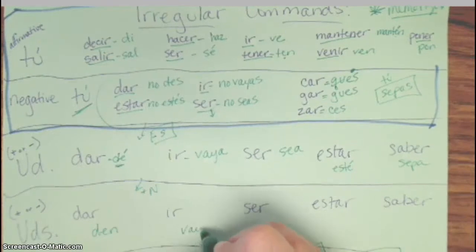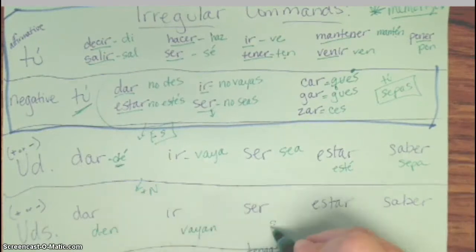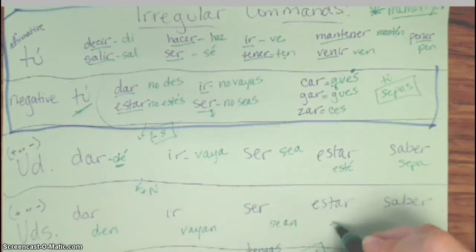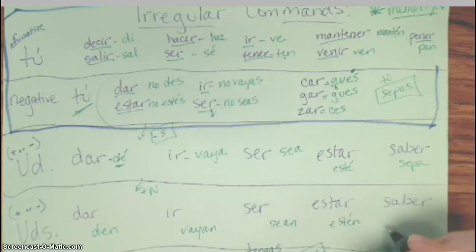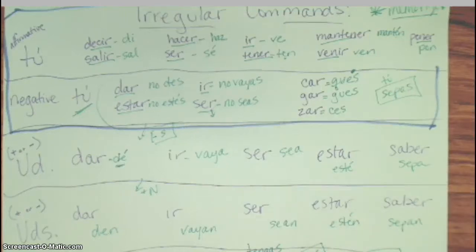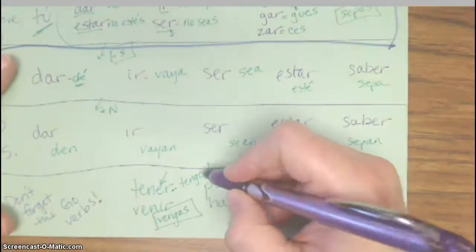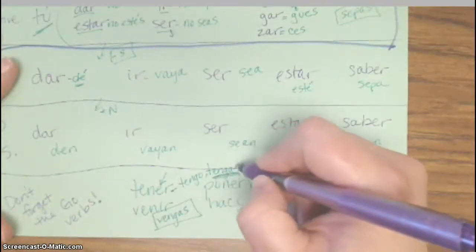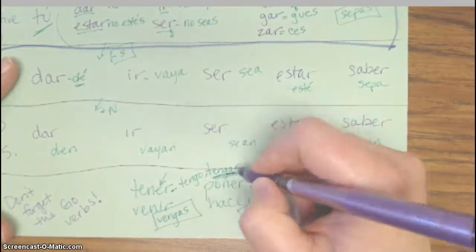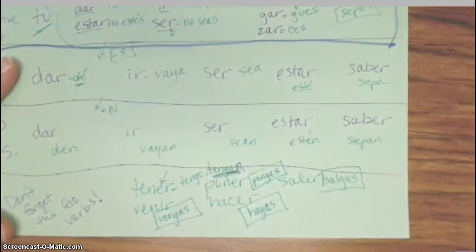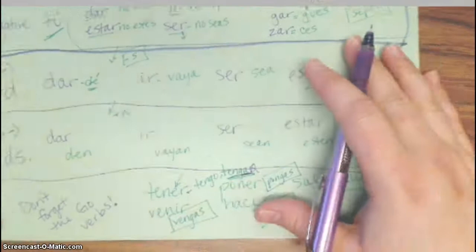Ir, vayan. Ser, sean. Estar, estén. And saber, sepan. And then again, just to review on those go verbs, tengas would become tenga for the usted form and tengan for the ustedes form.